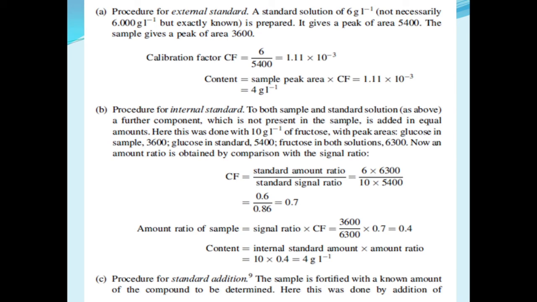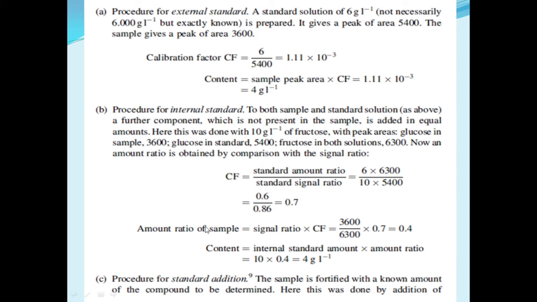Therefore, calibration factor CF is equal to standard amount ratio upon standard signal ratio, which is 6 into 6300 upon 10 into 5400, equal to 0.6 upon 0.86, equal to 0.7.